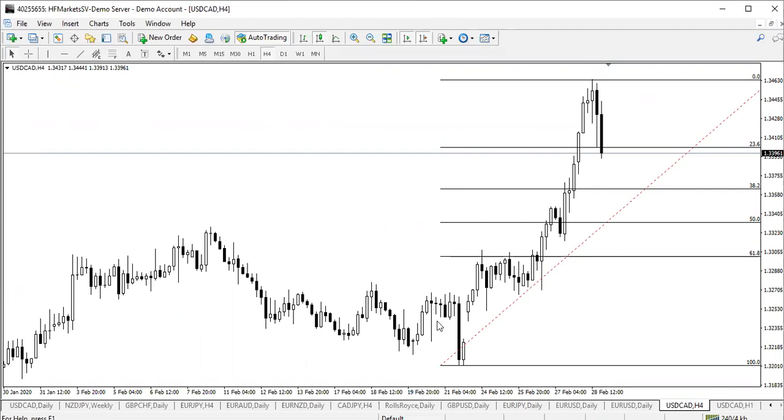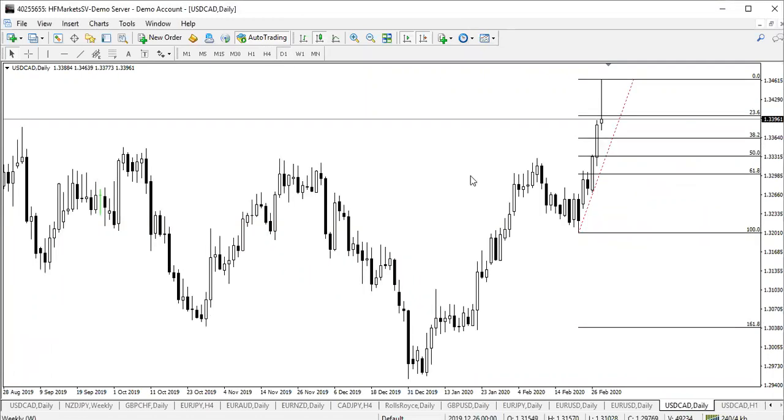Okay. Look at the retracement we are having on USD CAD. It's currently on 20.6. Let's see what happens by the time the market opens tonight, by tomorrow morning. Depending on what we get from here, we're likely to buy or sell. The movement is very bullish in nature, strongly bullish in nature.